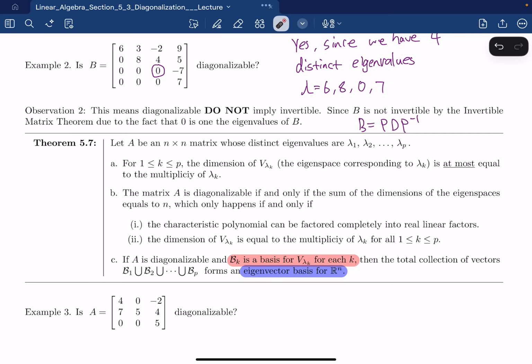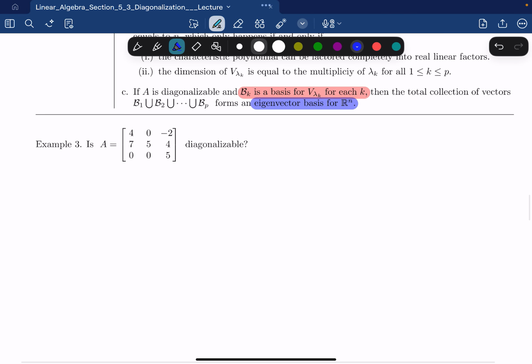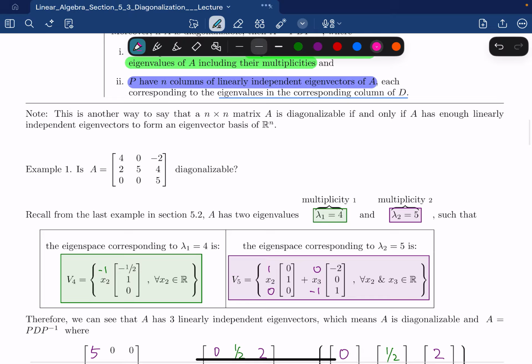Okay, so let's check it out. Here's an example. This example is very similar to before, but it is a little bit different. Okay, so the numbers here are 4, 0, negative 2, 7, 5, 4, 0, 0, 5. If you want to compare that to the original matrix, something is a little bit different, right?